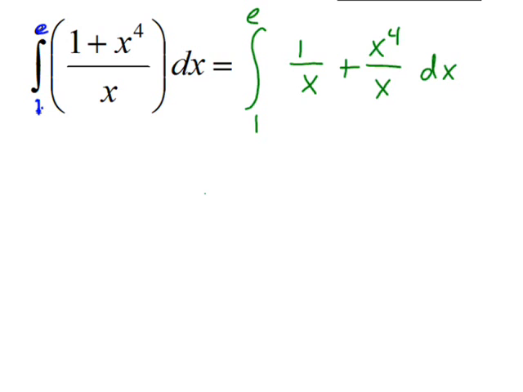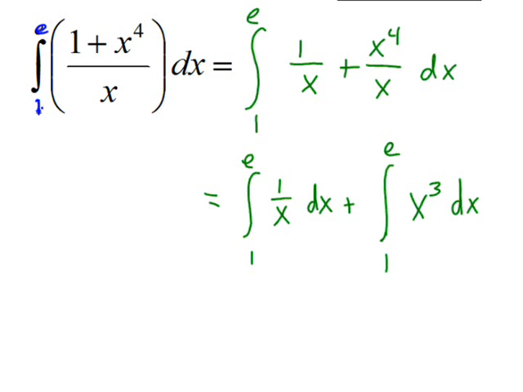And then I can simplify that a little bit and break up my integral. So it's the integral of 1 over x dx, and then this becomes the integral of x to the fourth divided by x, which I would call x cubed. The limits still stay the same.